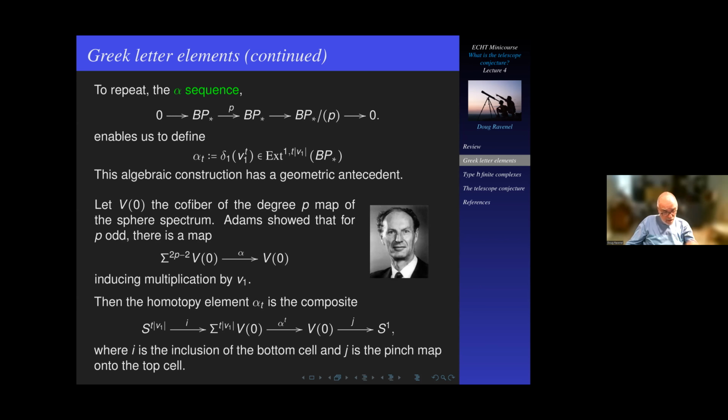That means it's S0 with a 1 cell attached, and so there's a pinch map to S1. This composite, now in the stable world, is a map from a sphere of this dimension to a sphere of this dimension. So it's an element in the appropriate homotopy group, and these elements constitute a V1 periodic family.